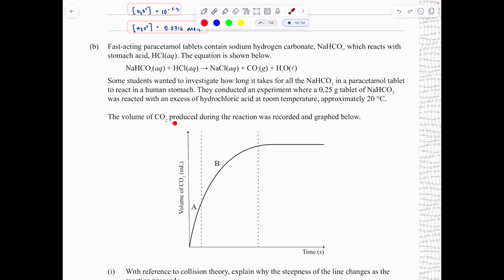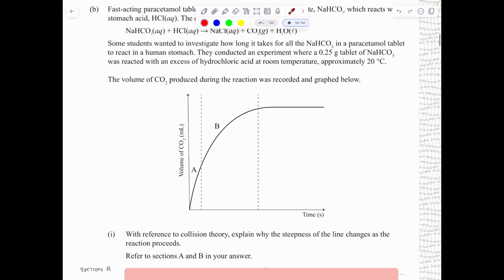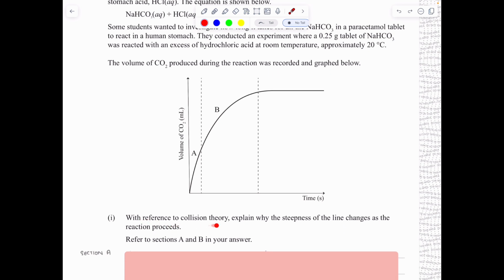The volume of CO2 produced during the reaction was recorded and graphed below. With reference to collision theory, explain why the steepness of the line changes as the reaction proceeds. Refer to section A and B in your answer.